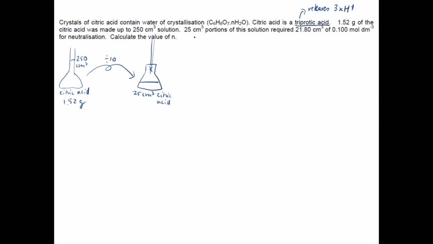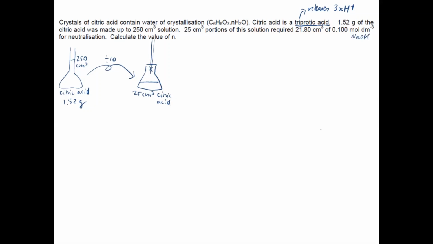So, 25 centimeter cubed portions of this solution required 21.80 centimeter cubed of 0.1 molar. It doesn't say of what. Let's assume this is NaOH. I think it's a mistake in the question.